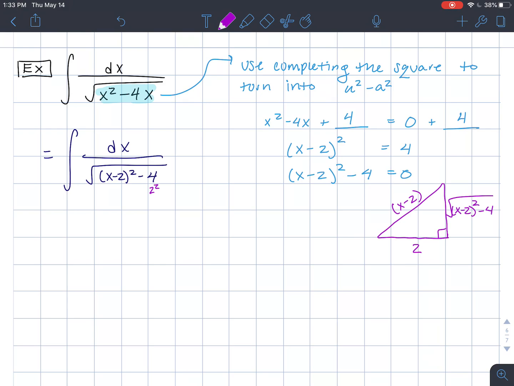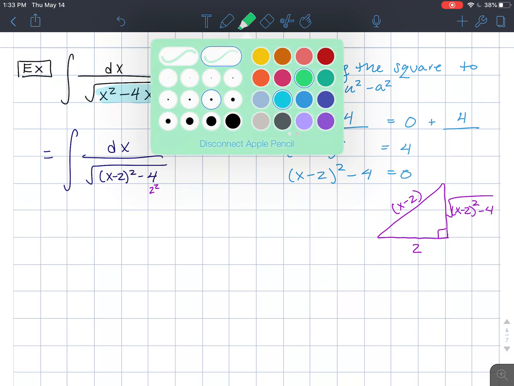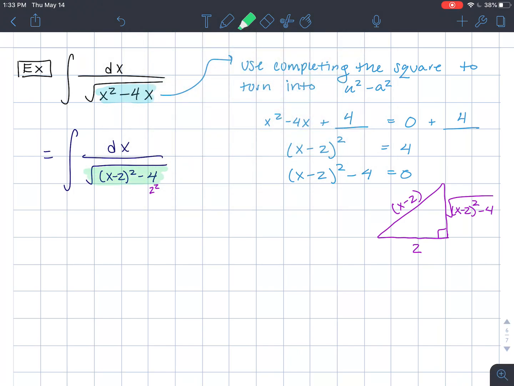So remember, our goal is to think about sine, secant, or tangent. So to replace this, I want to involve this side and then my constant side. So that's going to be really easy to solve for. And that's going to clue me in that my theta should go here because then this is opposite and adjacent.